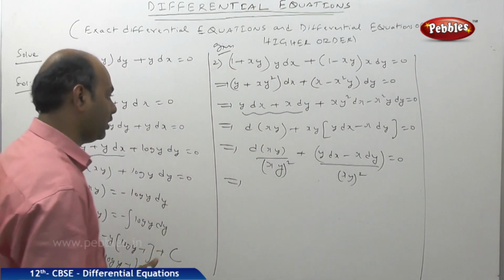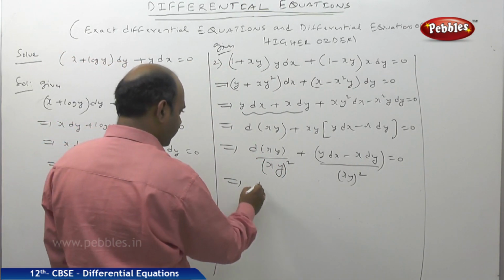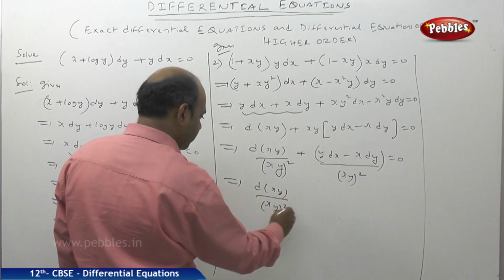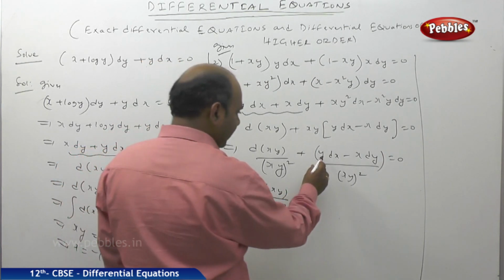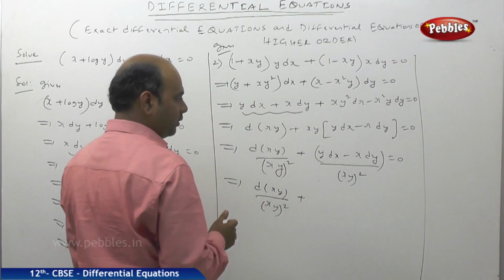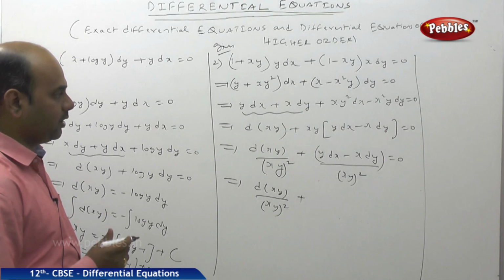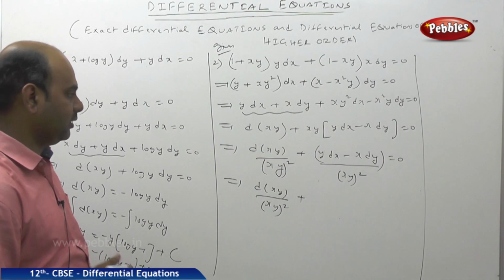So what happens? d of xy by (xy) whole square plus, y dx minus x dy by (xy) whole square. Observe carefully, it is becoming like some formula.